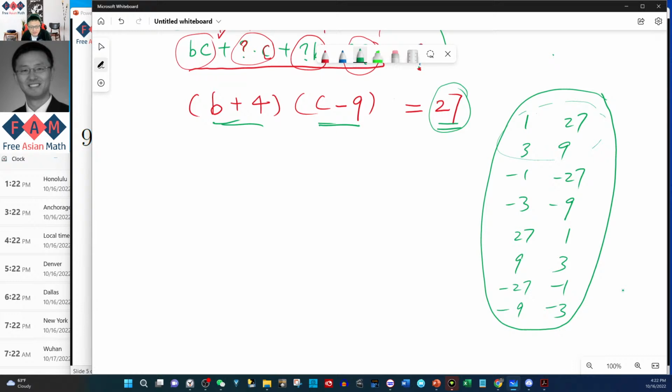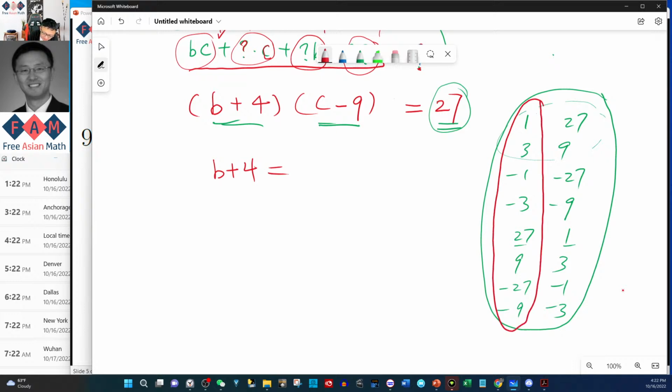So 1 times 27, you will also get 27 times 1. Now you get all the possible ordered pairs to factorize 27. And all you need is to check when B plus 4 equals each of those 8 numbers.